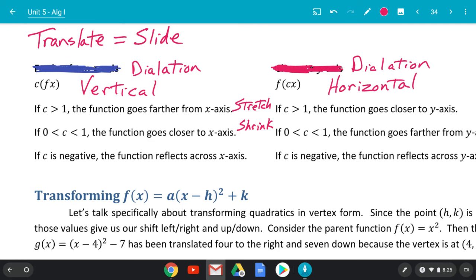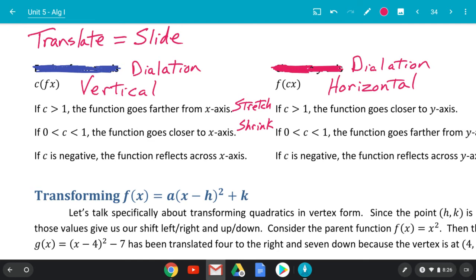Well, when we're talking about vertical, if the number that we're dealing with, C, is greater than 1, then the function will be a stretch. Now, that second line, if C is bigger than 0 but less than 1, what's that mean?